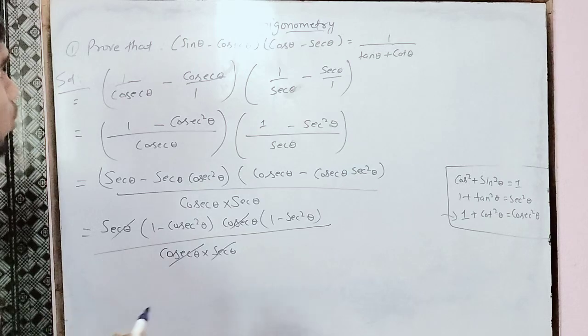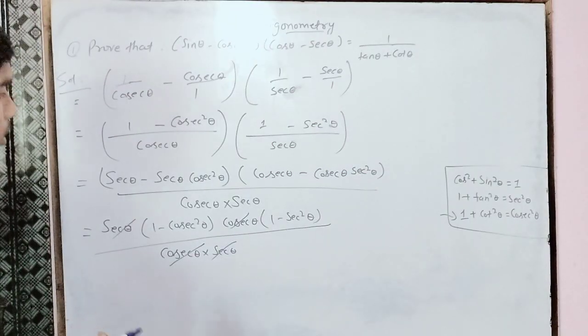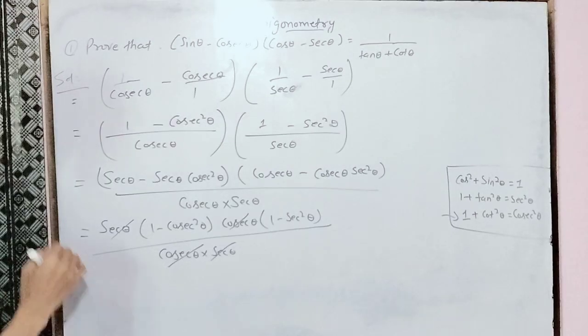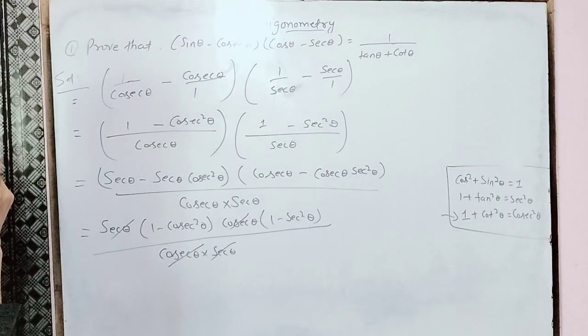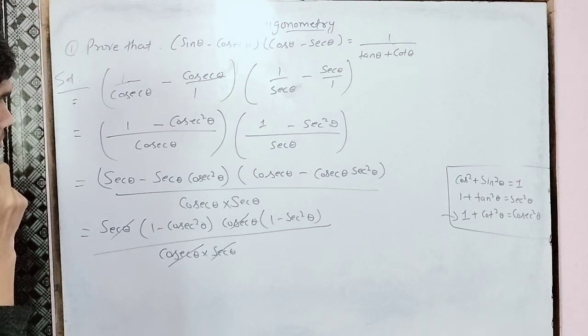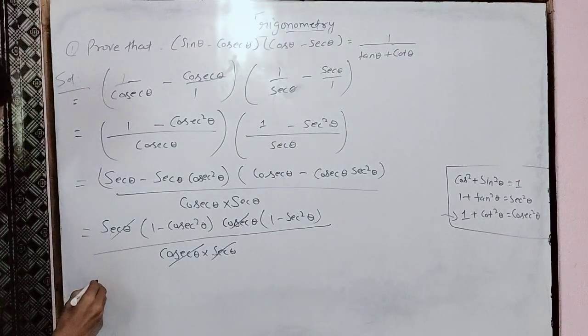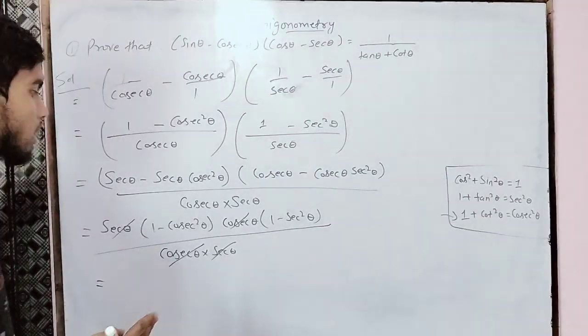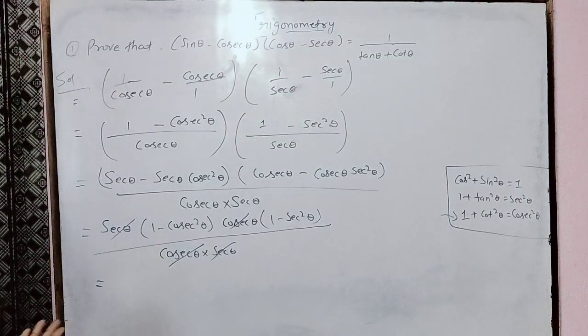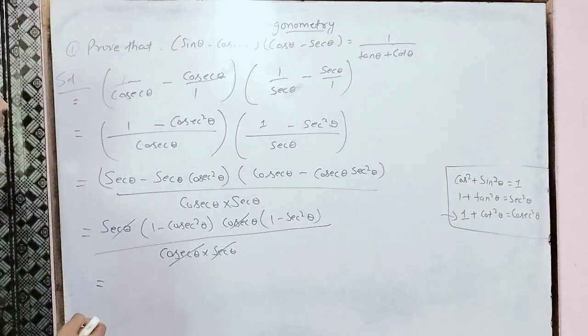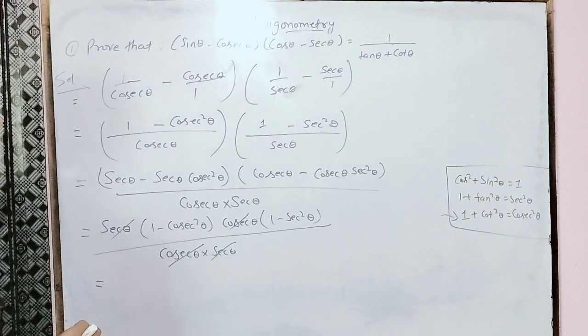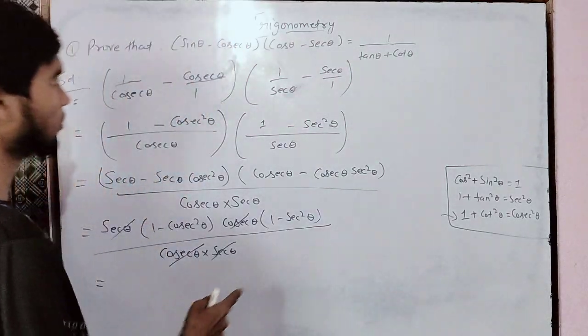Whatever you have, 1 minus cosec square theta and 1 minus sec square theta. Here we are getting this much.